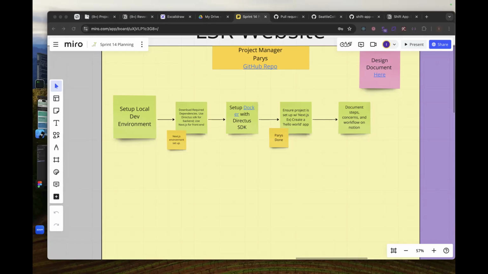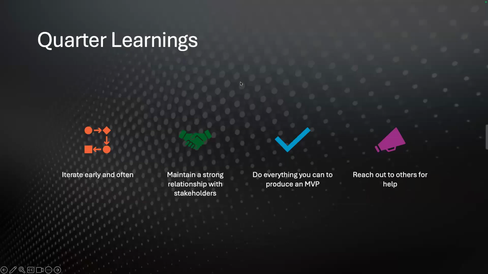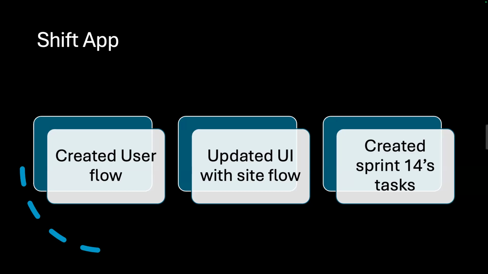And creating the Shift app would be the way in which work study students can swap their shifts. Now, this goes into the assumption that the supervisors would be looking over and confirming the shifts.